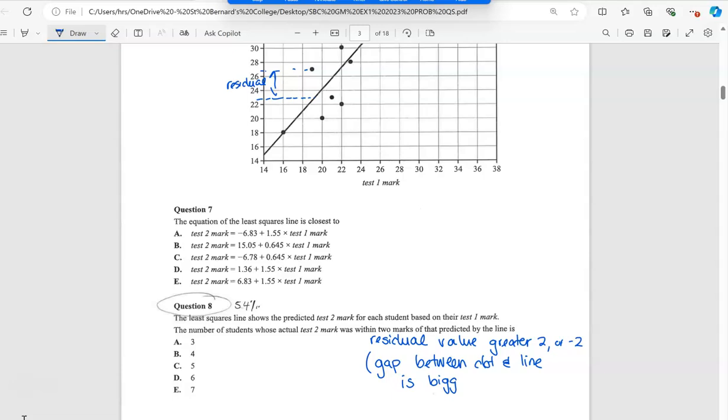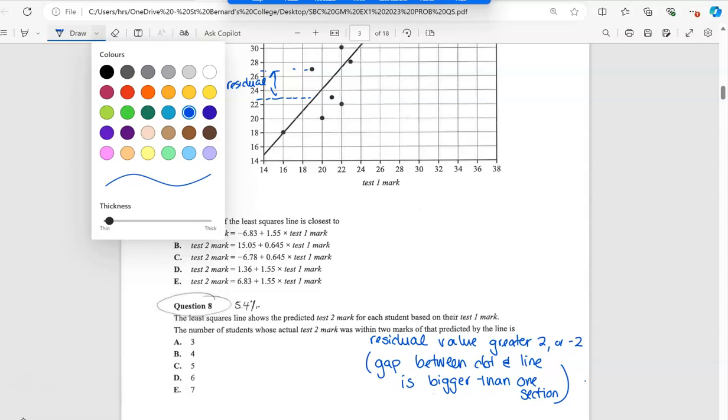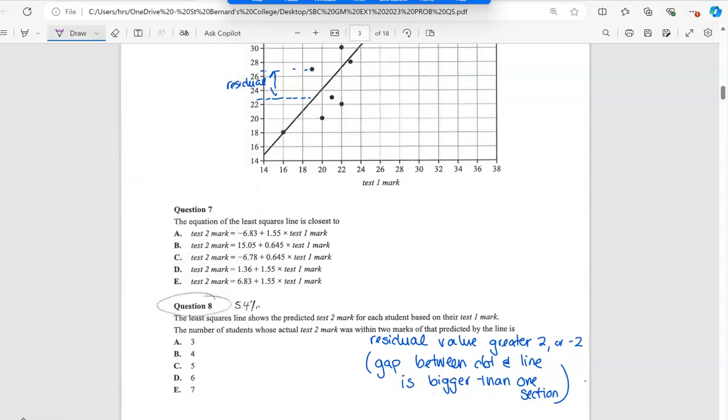How many are within? So are within, or is bigger than, and I'm going to say one section. And what I mean by that, this is where I think we might have got caught out, is that that's a value of 2, isn't it?